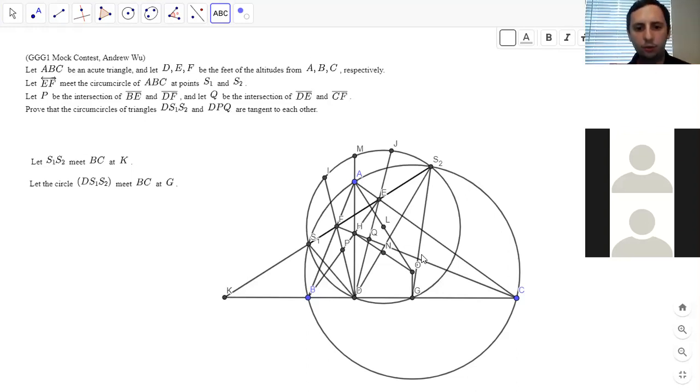So if we can show that K, B, D, and C are in harmonic conjugation.